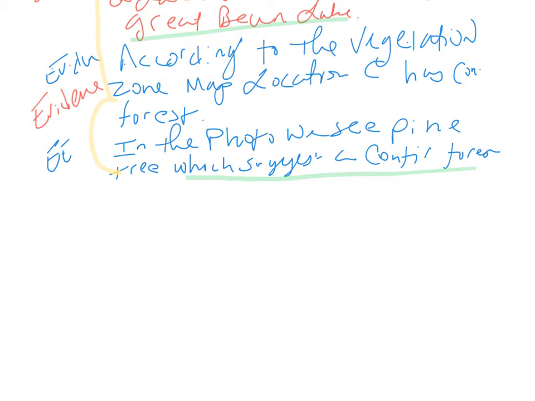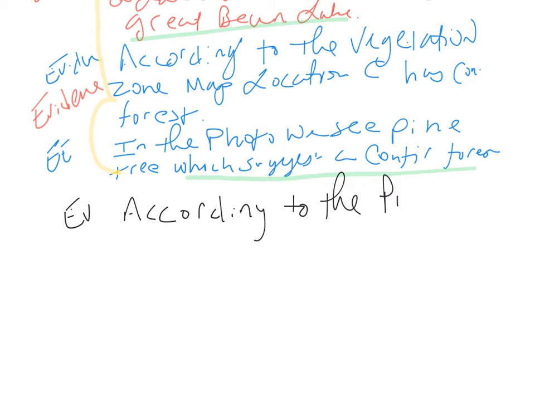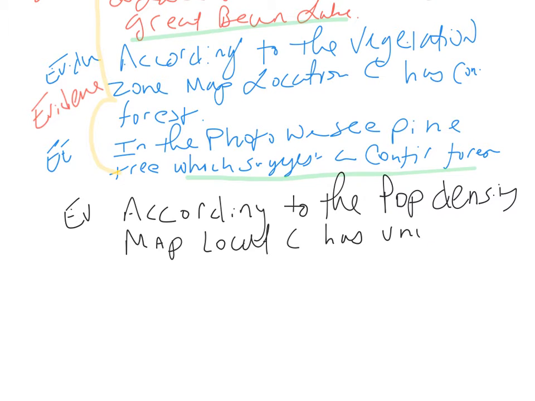All right, so my last piece of evidence, again, I have to choose a map, according to the population density, location C has under 2 people per square mile.